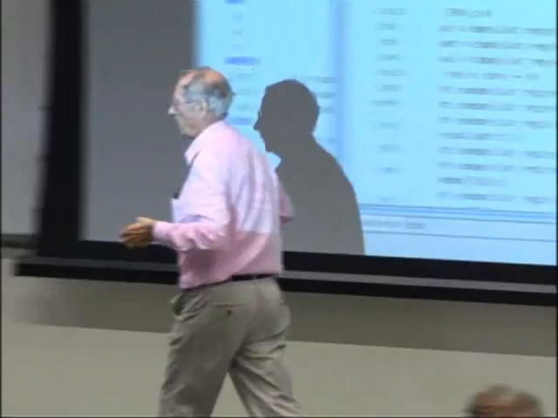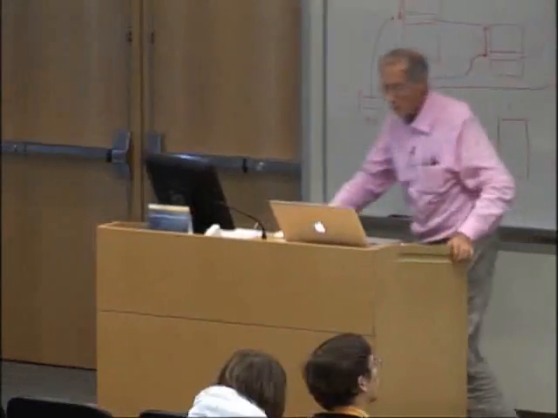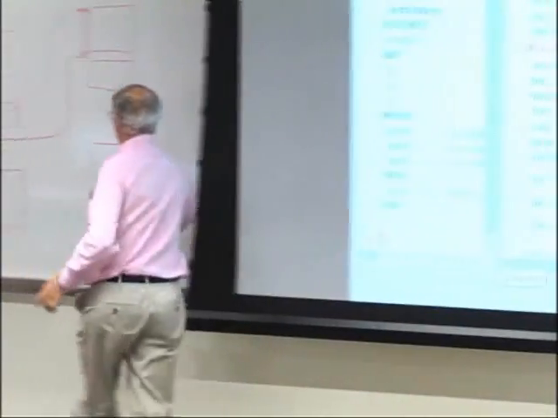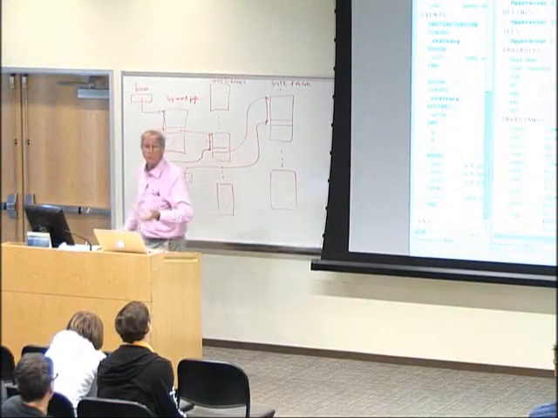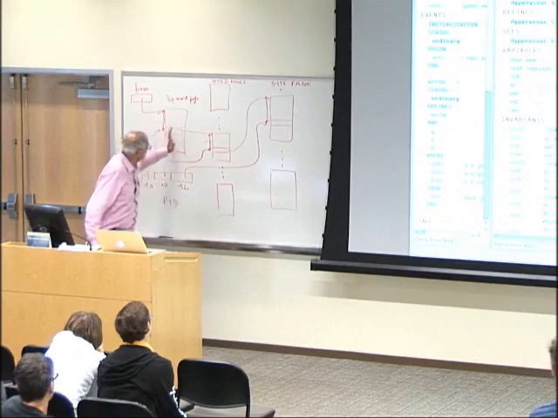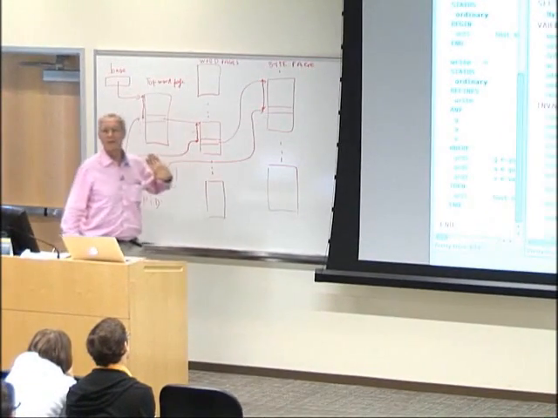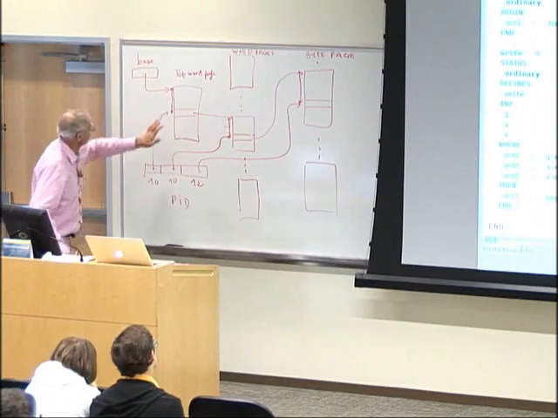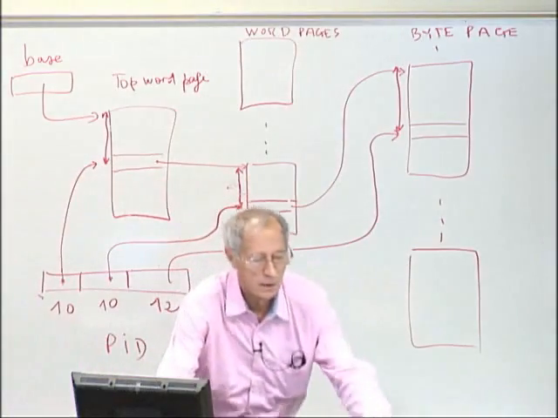The event write 1, which was the one that was walking through this structure, is now going to be divided into write 1 0, write 1 1, and write 1 2, because this is not done atomically anymore. In the abstraction that was done atomically, but now we have 3 steps, and this is defined.